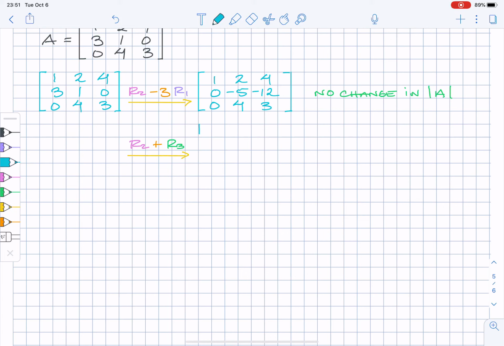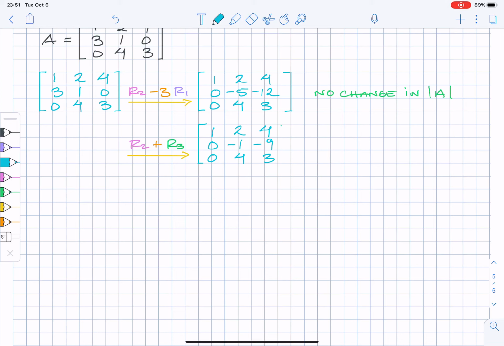Okay, so row 2 will be changing, row 3 will stay the same, and row 1 is the same. So 1, 2, 4. Now, row 2 plus row 3: 0 plus 0 is 0. Negative 5 plus 4 is negative 1. Negative 12 plus 3 is negative 9. And then 0, 4, 3.